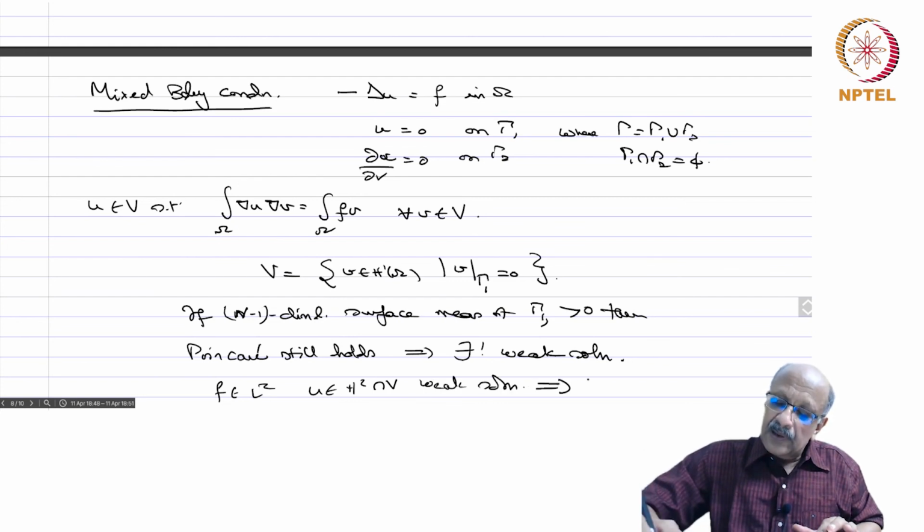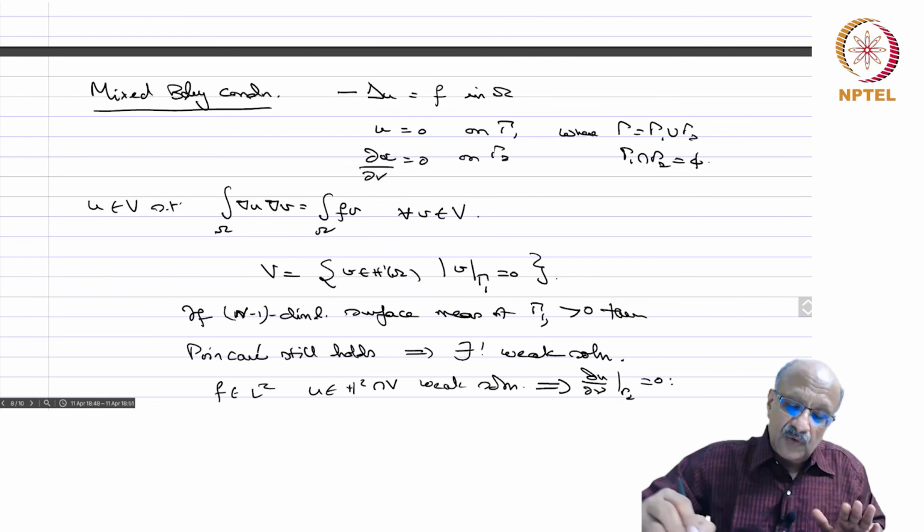This will of course imply that du by d nu on gamma 2 will be equal to 0. Okay, so this you can now just check, it's very easy.